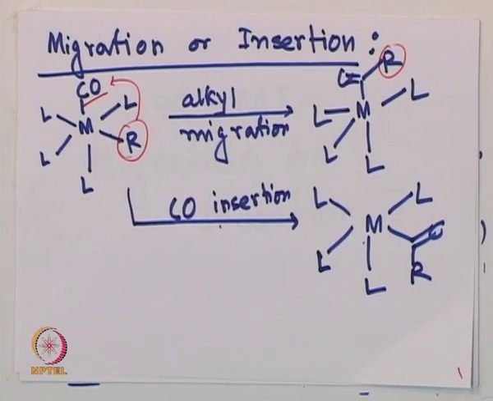Now, it is again a very tricky experiment to do. It's a very difficult thing to find out which exact thing is going on in this particular case or in any case, because as you have seen, from a 6 coordinated one we get the 5 coordinated one. The product is exactly the same in both the cases.